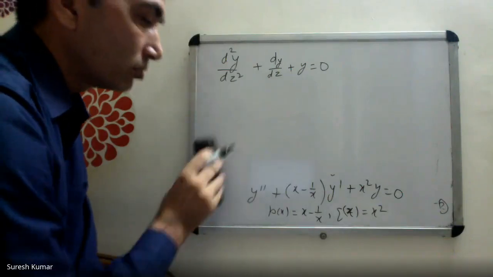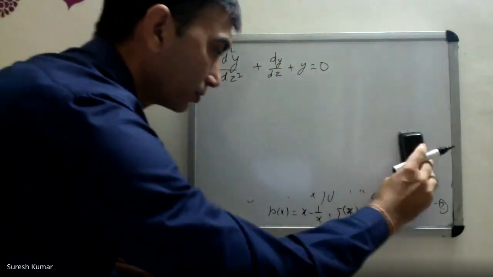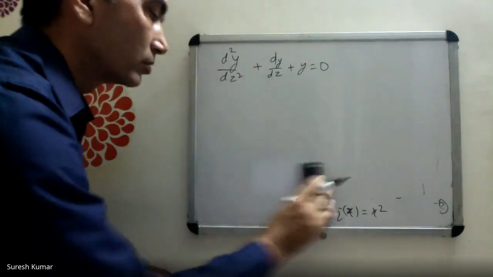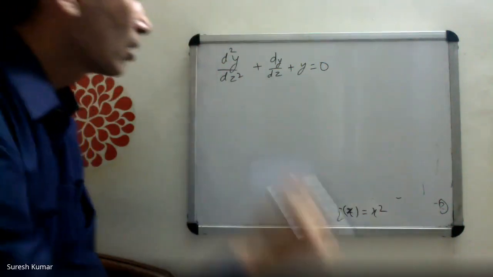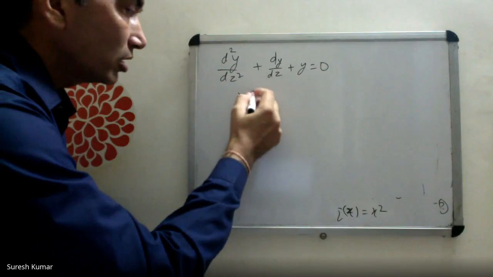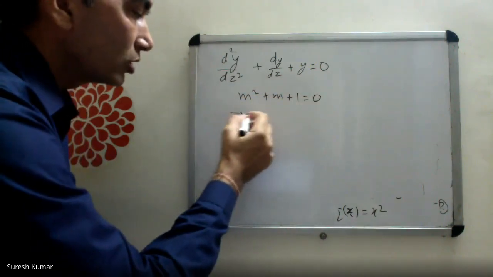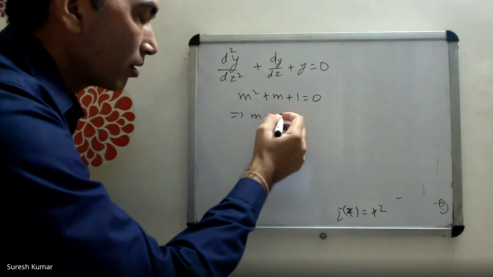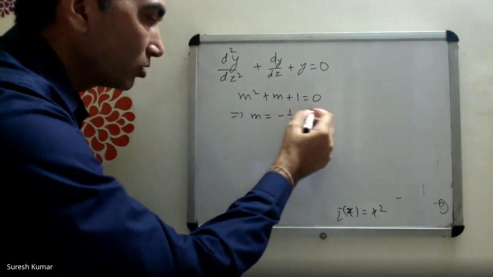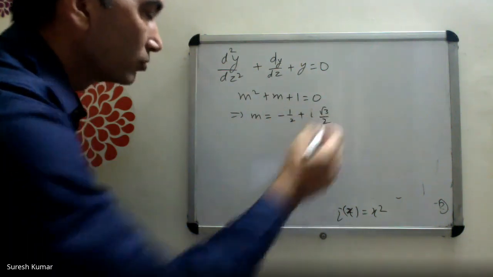What is the solution of this equation? First you write auxiliary equation, that is m square plus m plus 1 equal to 0. Its roots are minus 1 by 2 plus or minus iota root 3 by 2.